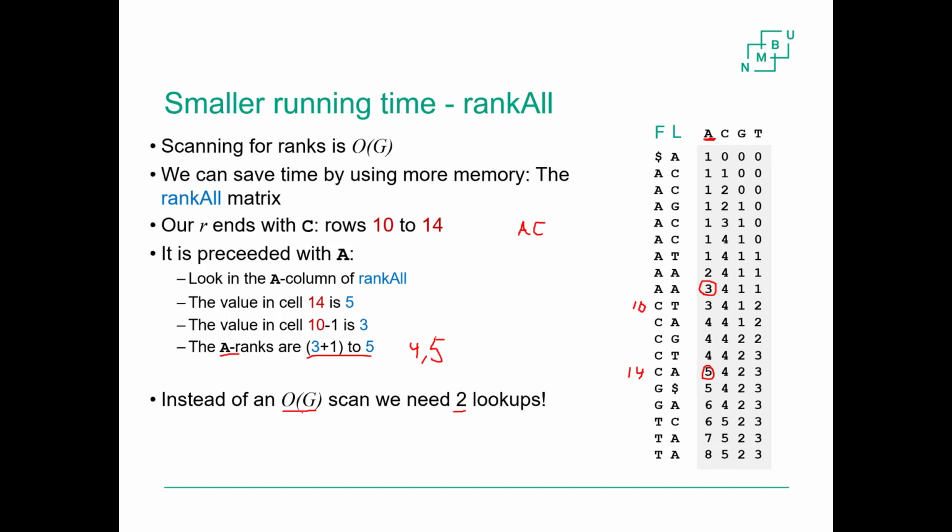So instead of scanning through all the C's in the reference, we need 2 lookups. This is much faster. It's a really big, smart idea that saves us a lot of time. The problem, though, is that it consumes more memory, because now we have to store 4 columns instead of 1.